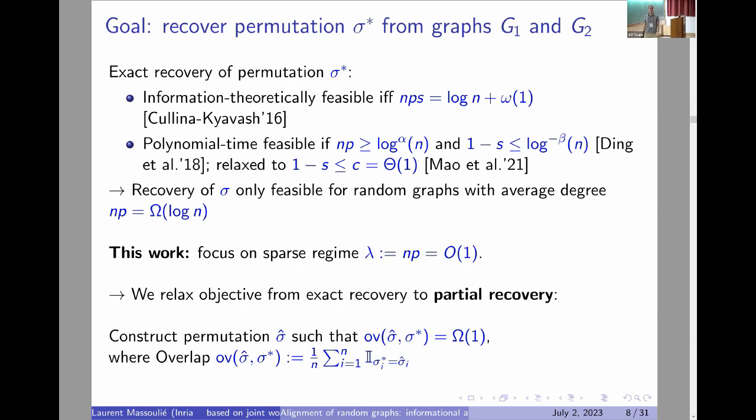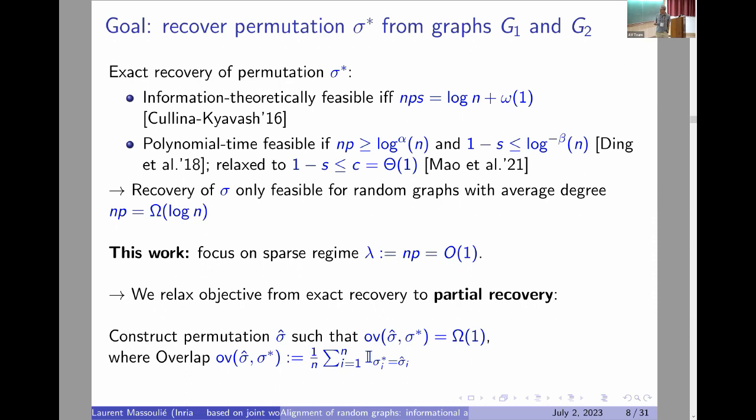So it's information theoretically feasible, but computationally infeasible. And if you can construct your estimator in polynomial time, then it's computationally feasible. So we'll see some kind of gap. It's not fully understood. And this is one of the open questions that we do have on this problem.